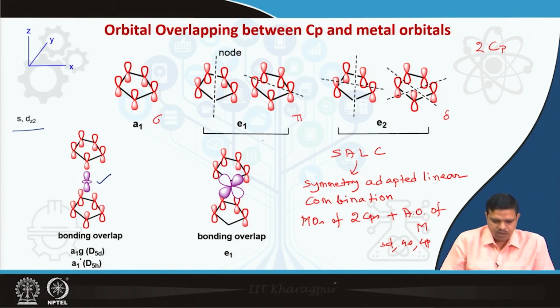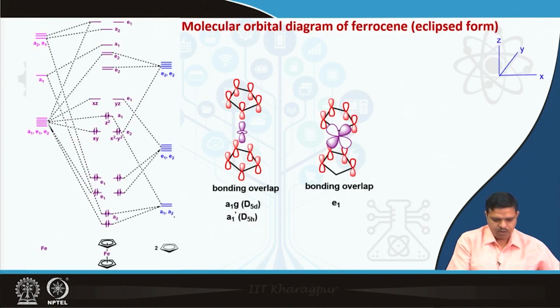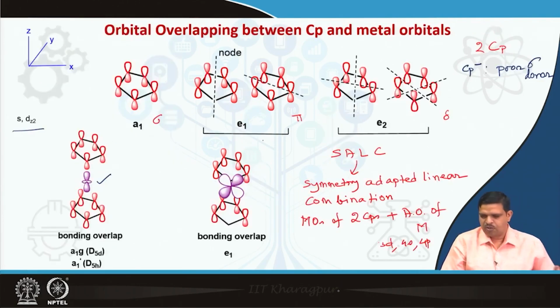A few things we noted, and this is very important because we have to understand the difference between the parallel and the bent metallocenes. In the last class we discussed that Cp minus is a poor sigma donor, because if you remember the molecular orbitals, Cp minus is highly stable, so it contributes only slightly in the bonding.